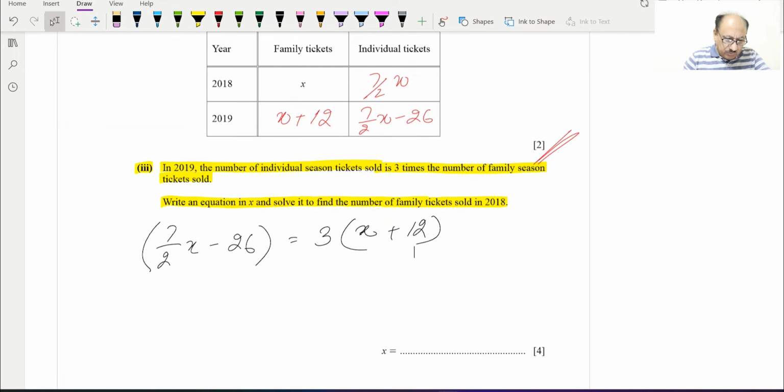To solve this, we can rewrite 7/2 x minus 26 is equal to, opening the bracket, 3x plus 36.